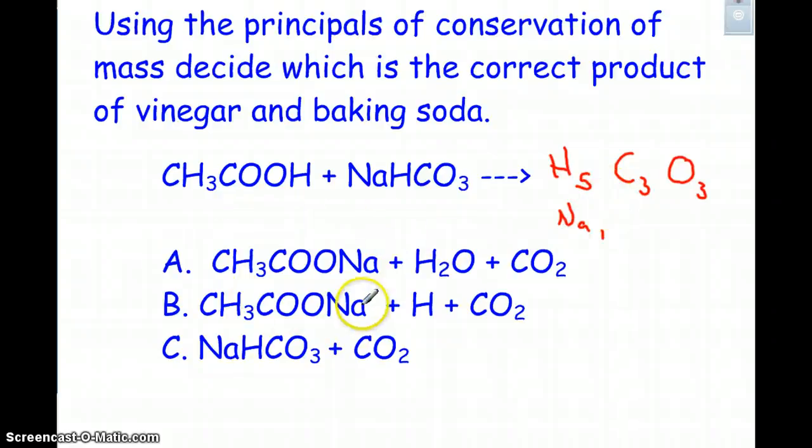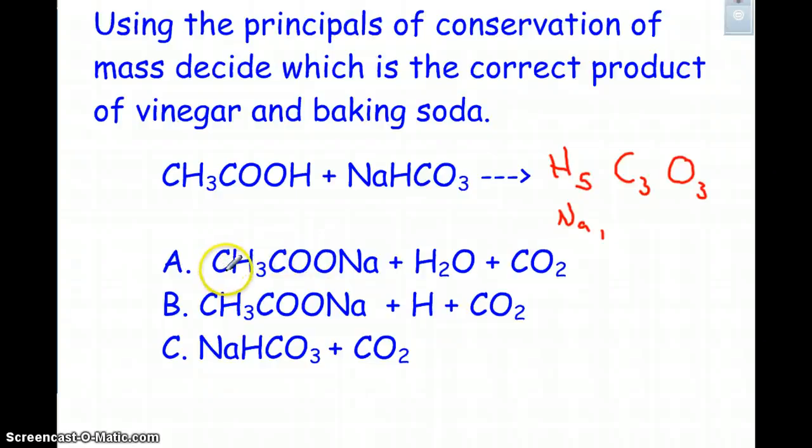So then we have to look at our choices. All right, how many carbons does C have? Okay, it has 1, 2. All right, that can't be it because we have to have 3. What about this one? It has 1, 2, 3. Okay, could be this. What about hydrogens? 3, 4. No, can't be it. All right, what about this one?